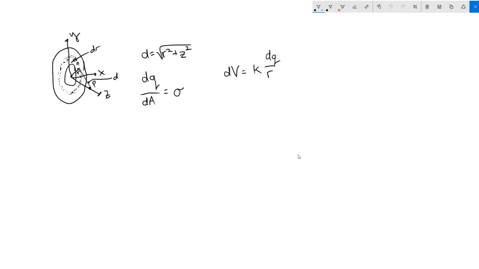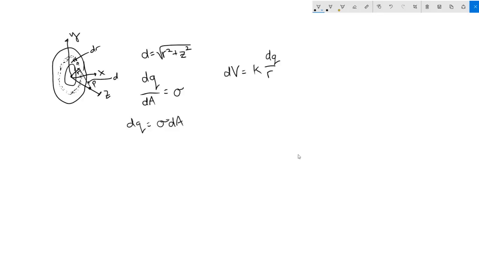Okay, and then I'm going to add up all the rings working from the inside out. And if I'm going to do that, I need to change from a dq into some sort of dr. Right? I need to match the variables. So dq will equal sigma dA.